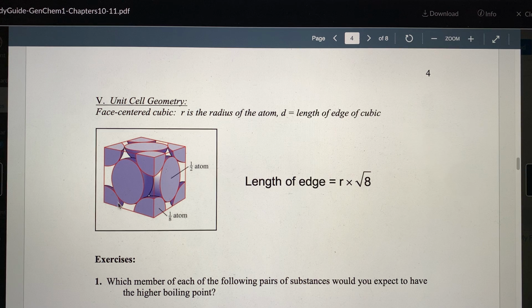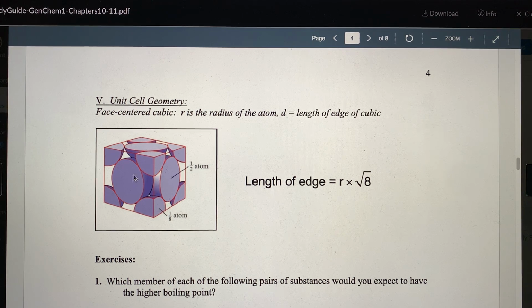If you chop off one piece and you look at the atoms, the next one is going to be the same as this. They're all connected together. So at a corner, 1/8 of an atom is there, and that's half. So it's half of an atom, you can divide it by 4, and that's a piece right there. So that's why it's 1/8.